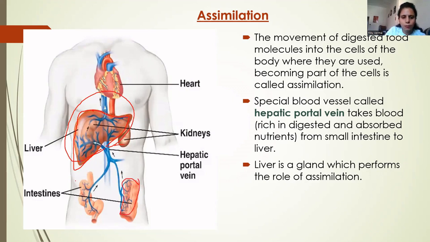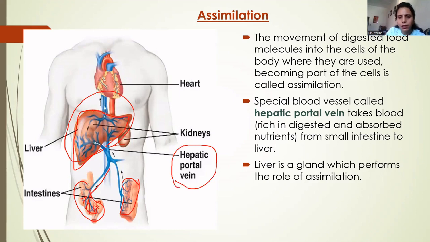Now look carefully here in the picture. These two parts are shown as the intestine, or you can say small intestine. In this small intestine we have long villi. All these villi are supplied with blood capillaries. Once the digested nutrients get absorbed into the villi, all these blood capillaries together join and form a particular vein which is known as the hepatic portal vein.